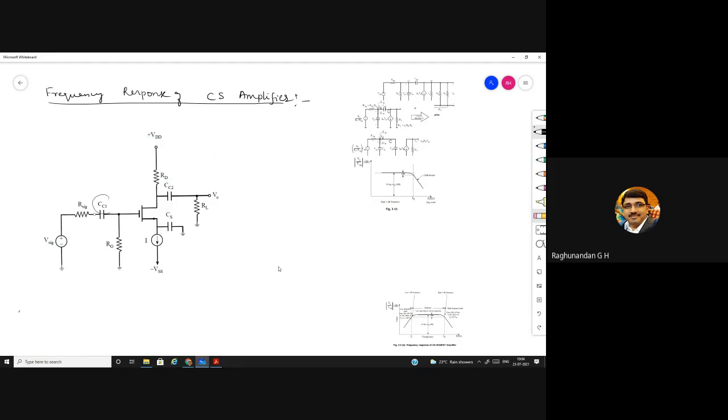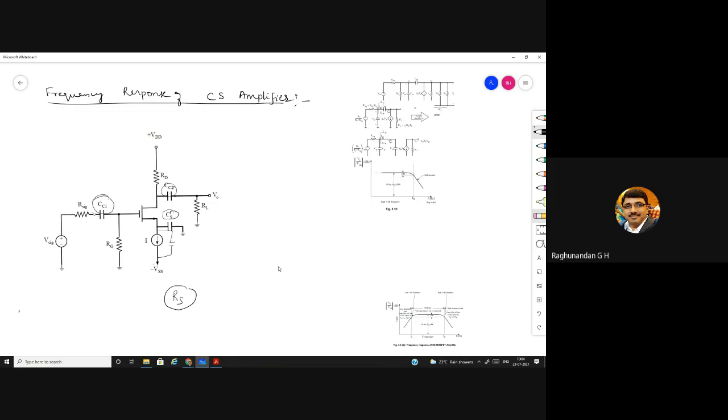We have CC1 and CC2, which are the coupling capacitors, and we have CS. The CS can be considered in parallel. If you add some source resistance RS across this source terminal, then you can take it this way.